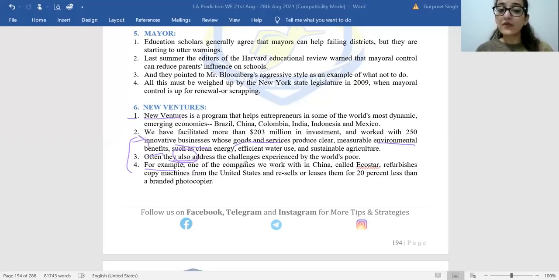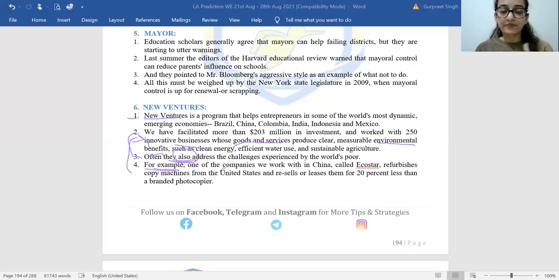And then, for example, one of the companies we work with in China called EcoStar refurbishes copy machines from the US and resells or leases them for 20% less than a branded photocopier. So the example will come at the end. First we'll complete both the things they do. Because of the words "they also address", we cannot put the example in between. First we'll say, for example, an organization's duty is this, and this is also their duty, and then we start giving examples about what they do.